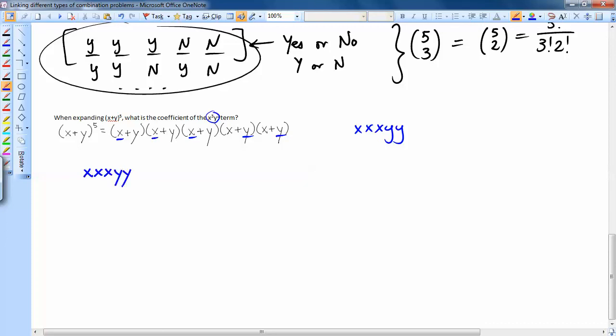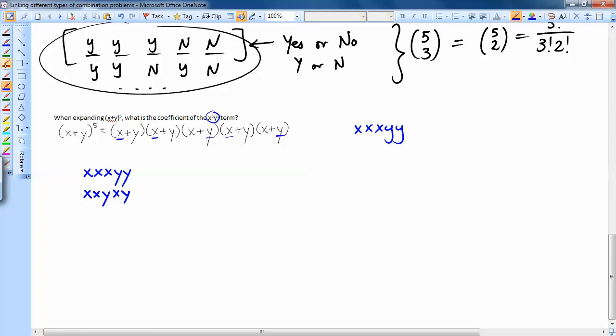But I didn't have to pick the first 3 x's. Maybe instead, I'm going to pick the first 2 x's, then a y, then the x, then the last y. So in that case, I would end up with x, x, y, x, y, which is also an x cubed y squared term.